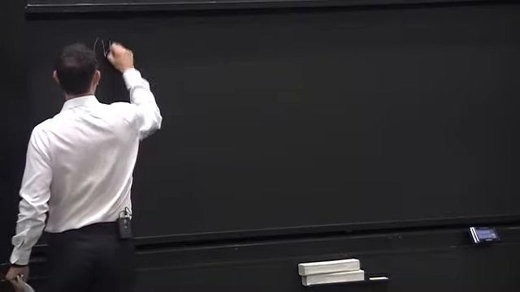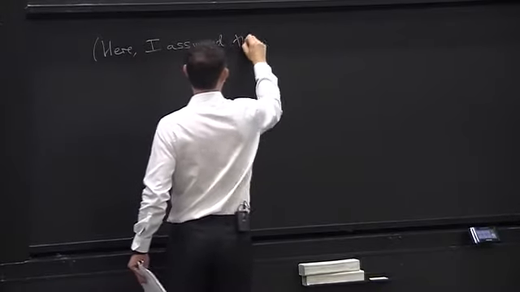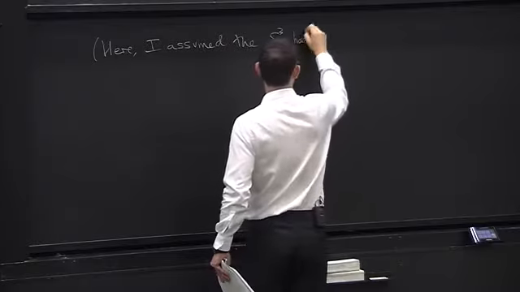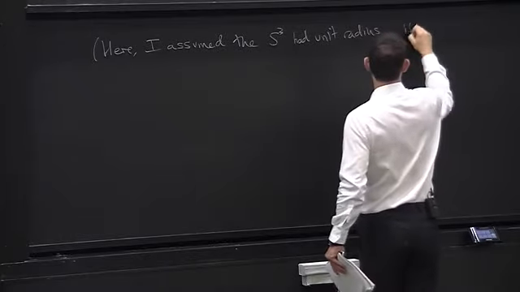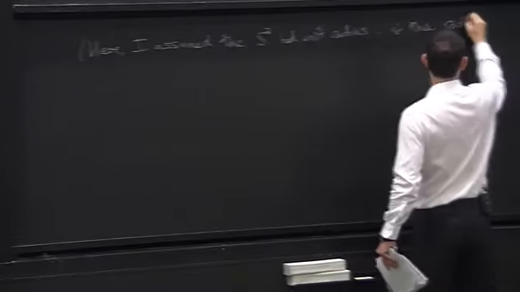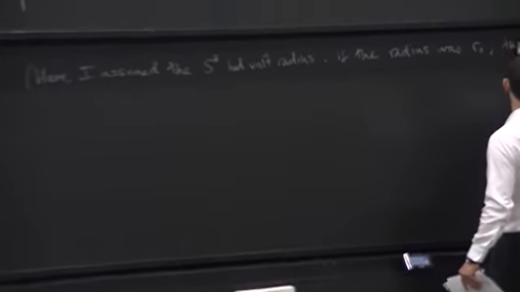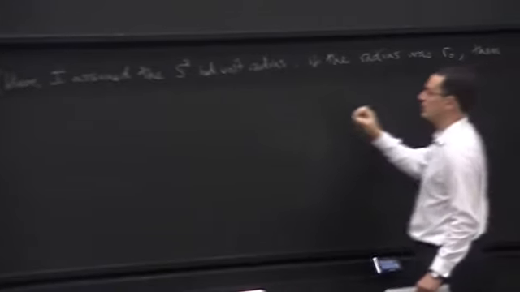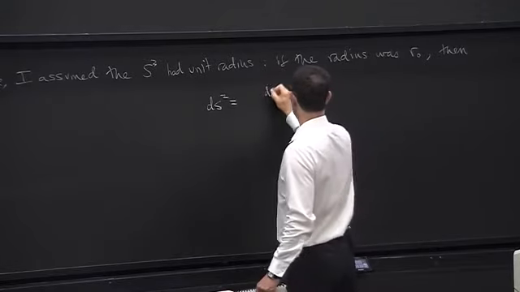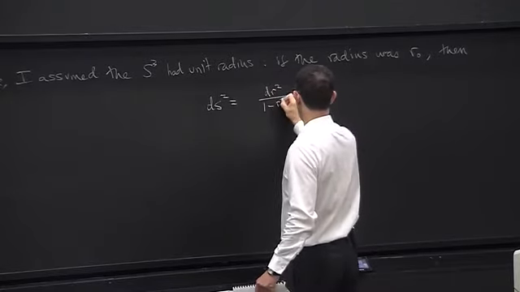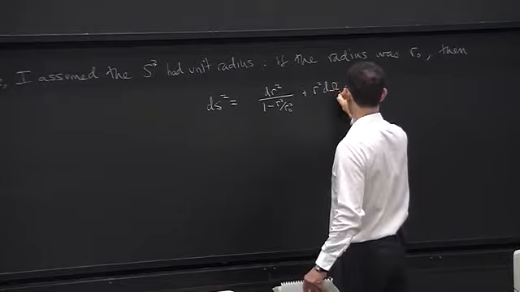Here I assumed the S3 had unit radius. If the radius was R0, then we would get ds squared equals, just by dimensions, you can restore the R0: dr squared over 1 minus r squared over R0 squared, plus r squared d omega 2 squared.